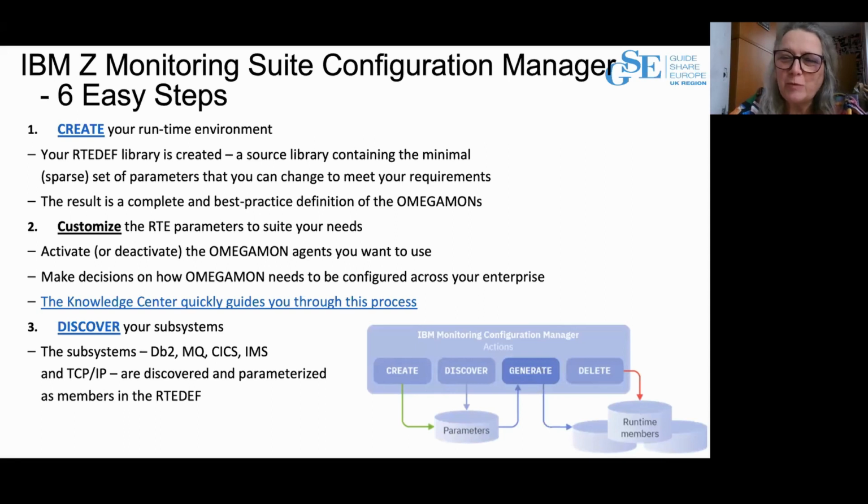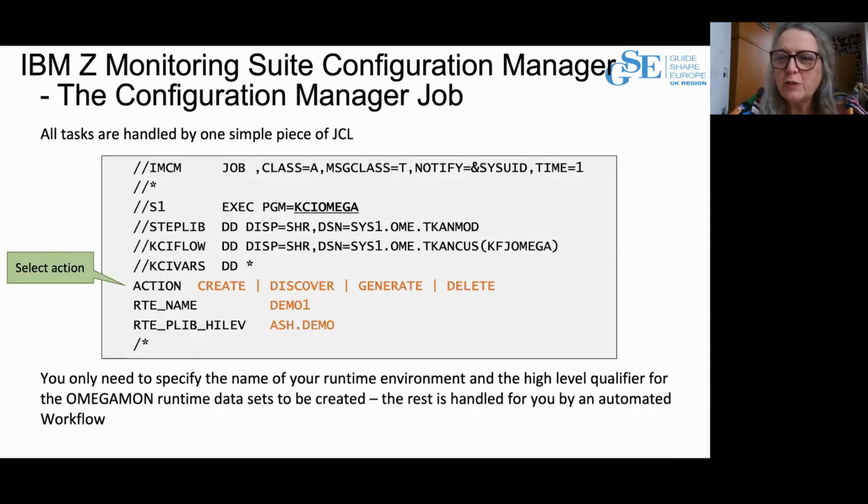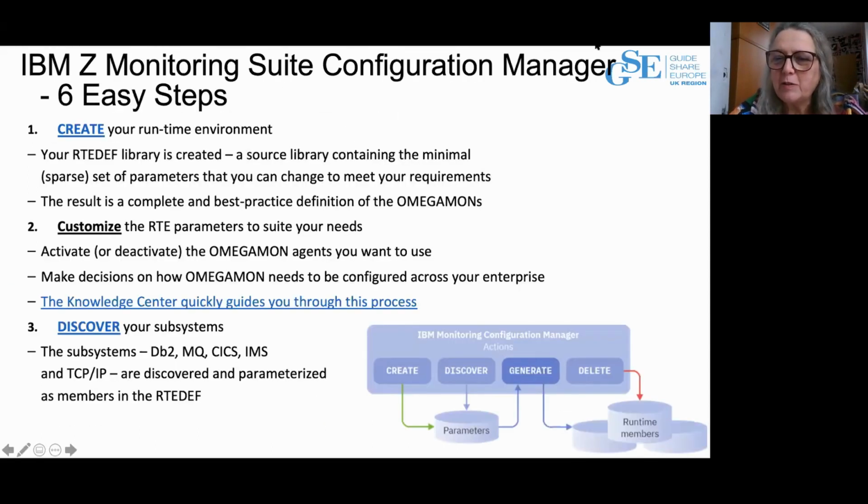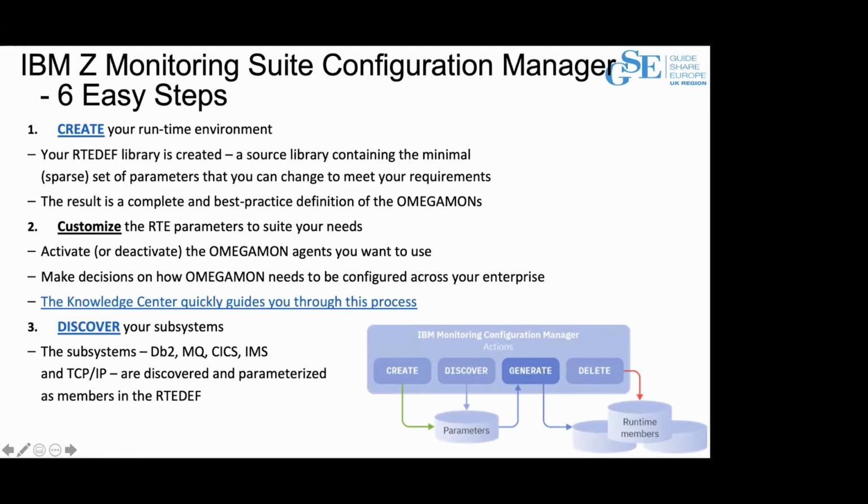There's a question from Sean. Could you use this to build a new RTE to replace a PalmGen install? Not if you've got the monitoring suite, and that's what I keep highlighting. Sorry if it wasn't clear, but the IBM Z monitoring suite agents are the only agents that can be configured with Configuration Manager.